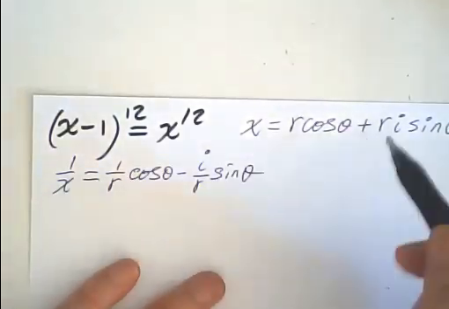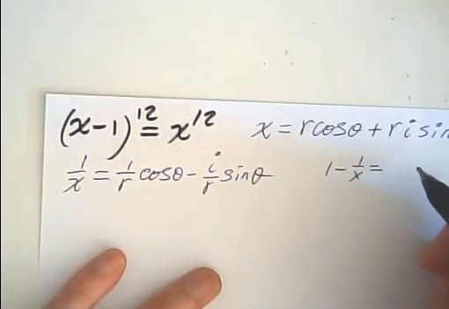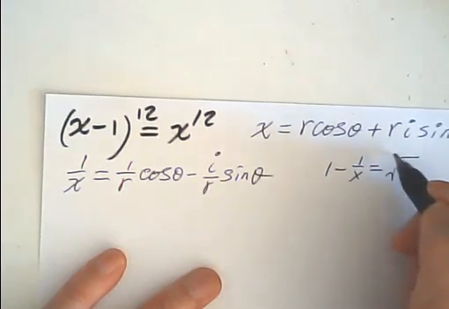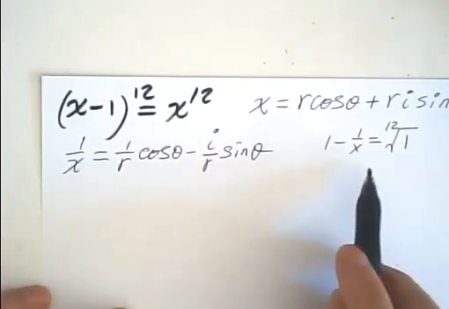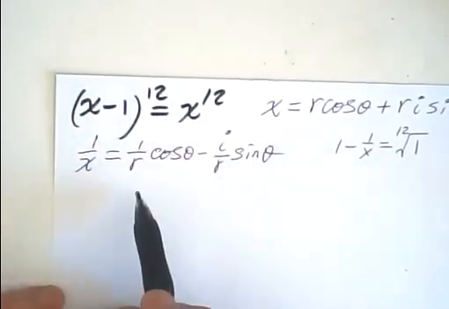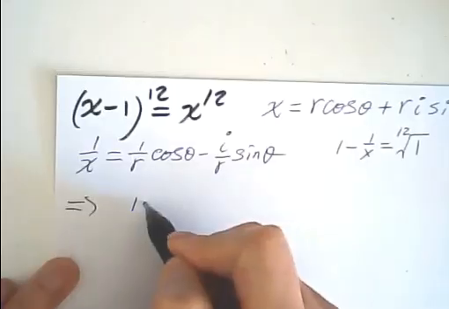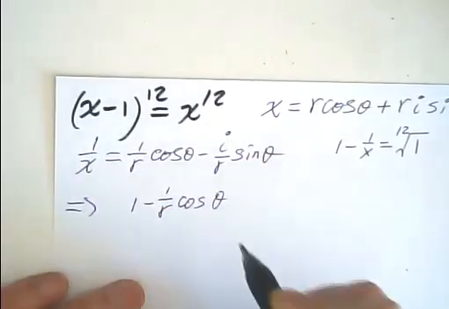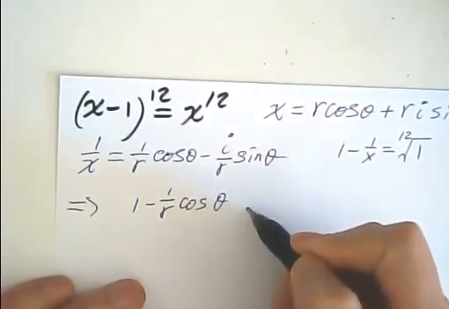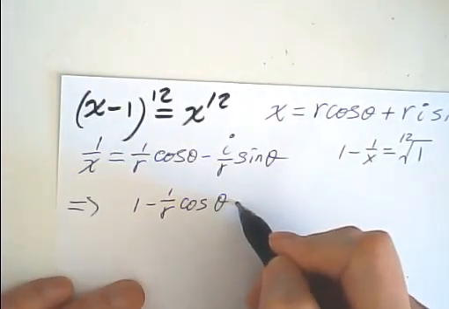And we have an equation that's saying 1 minus 1 over x is equal to 12th root of 1. So from this equation, therefore, 1 minus 1 over r cosine theta, this minus becomes plus, right?